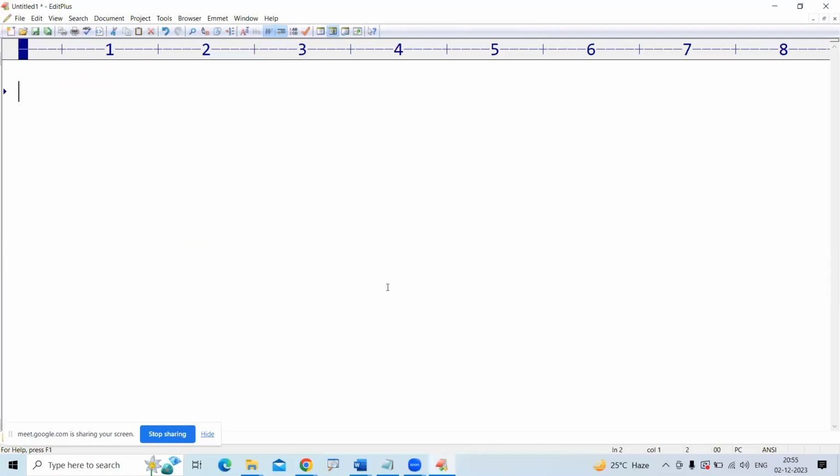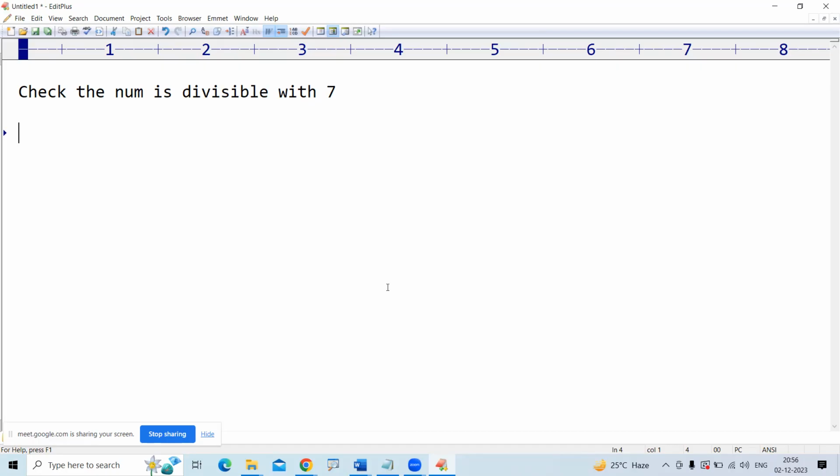The question is, check whether the number is divisible by 7. So what is that?